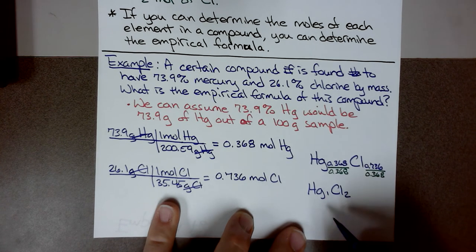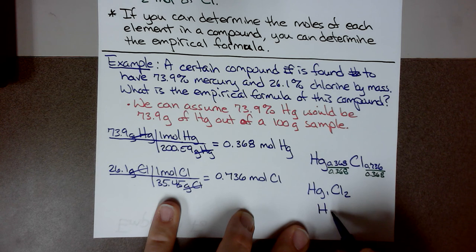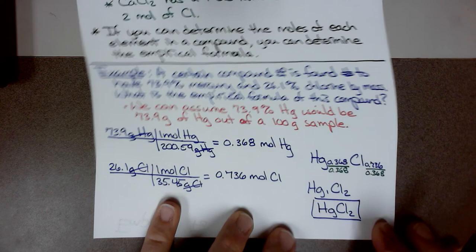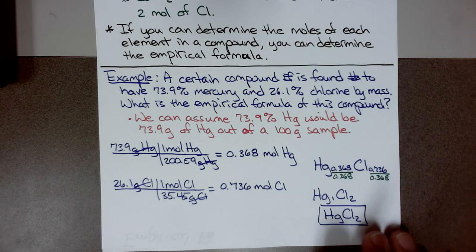And we could therefore write the compound formula as HgCl2. That's the empirical formula. So that's essentially how we get empirical formulas.